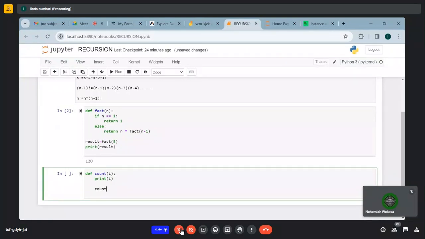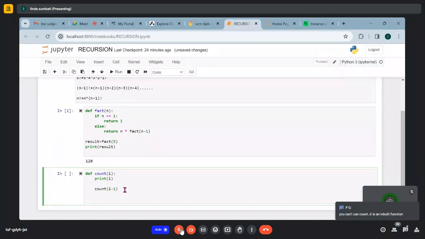So let's say we want to count backwards from, let's say, 10. You can't define count as a function, it's an inbuilt function.